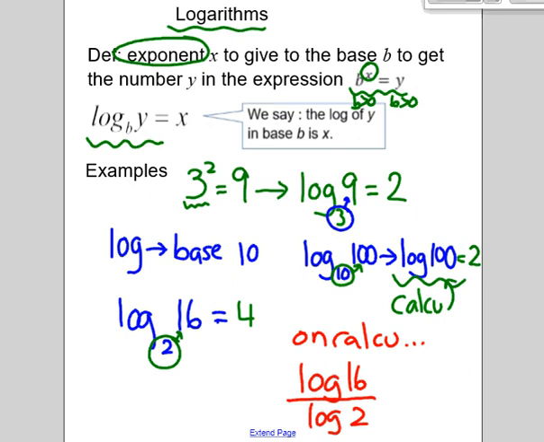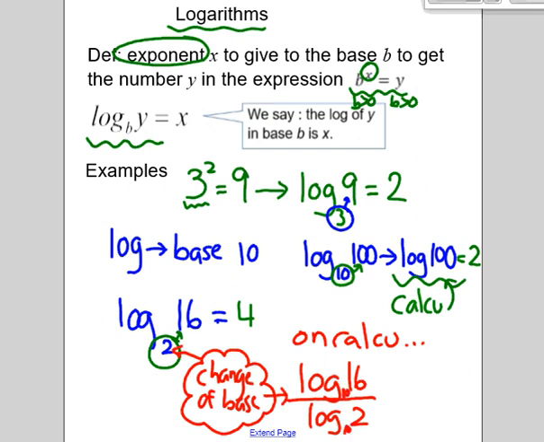It is called the change of base rule. We're going to learn more rules later, but this one is the basic one. Change of base, because now we had a base 2 and we want to put it in base 10 so we can use our calculator. Okay, so you can try on your calculator to do log 16 over log 2 and you should get 4.